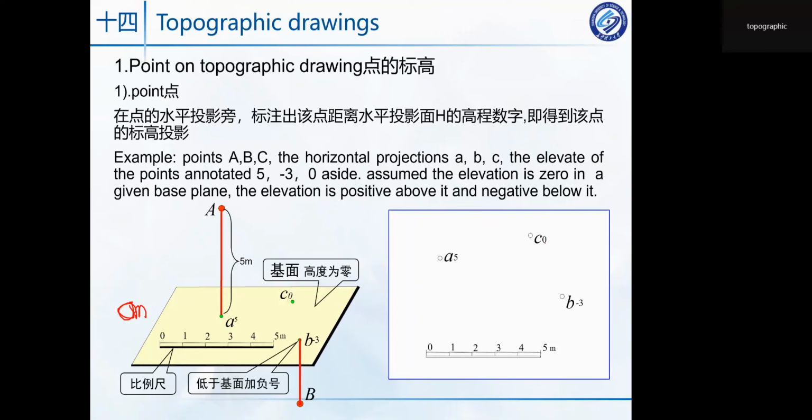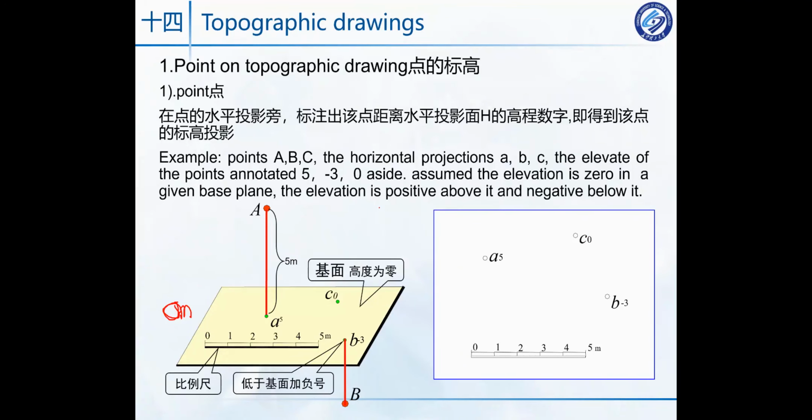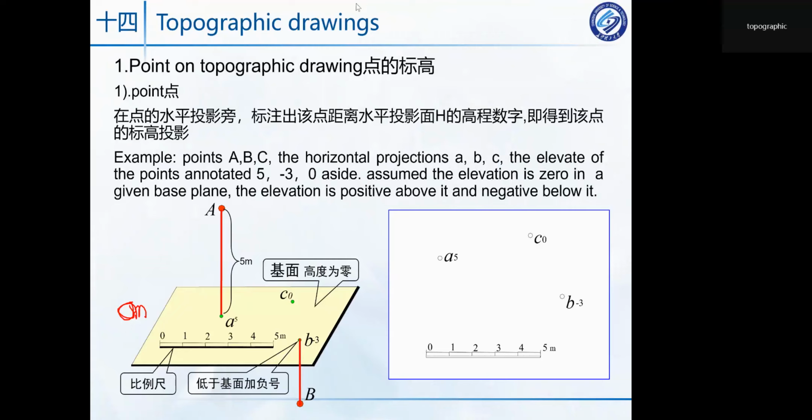So please tell me, where is the C? Who can tell me where is C? You can see the C's elevation is 0. It's like the sea level.